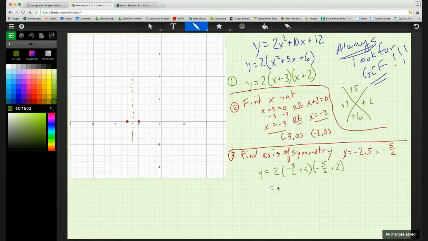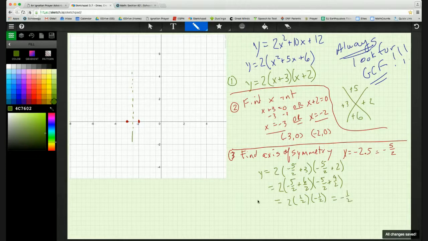Well, let's do our math, write it all out. (-5/2 plus 6/2) times (-5/2 plus 4/2). So that's equal to 2 times, well, that's a half, and that's -1/2. So our answer is, well, 2 times a half is 1, times -1/2 is -1/2.